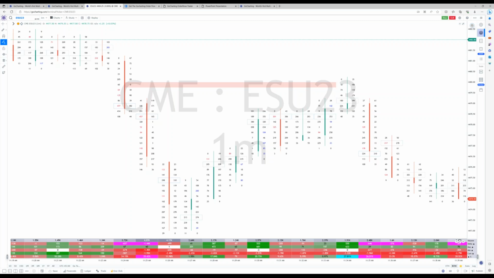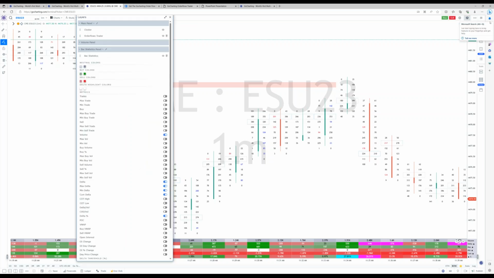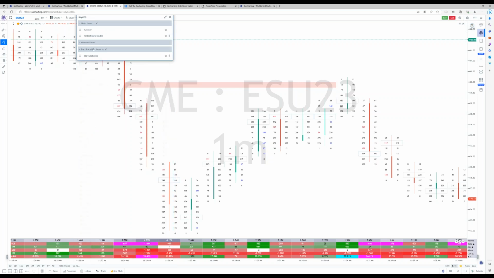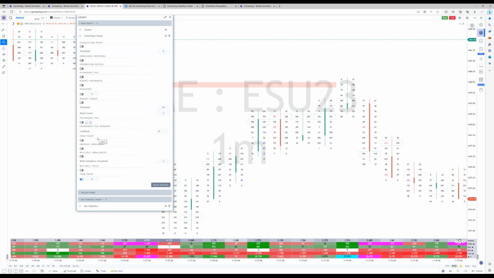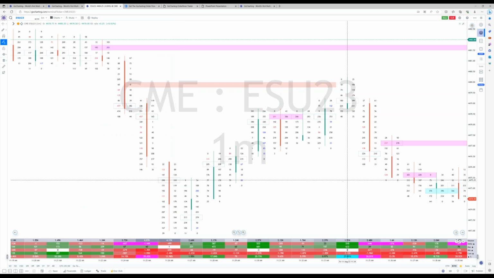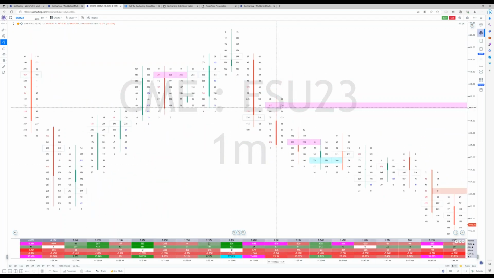Manny asks, how can you take a confident support trade with a prominent point of control, support or resistance? So let me just make sure I got point of control on here. For me, the strongest prominent points of control are the ones that the next bar doesn't trade back into.